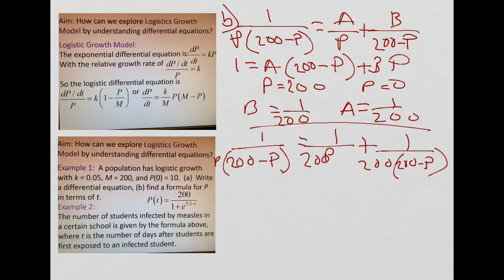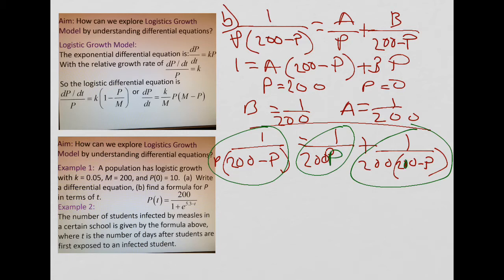Okay, so that got a little sloppy when I was writing it out. Basically it's a decomposition. I broke up this fraction into two others. That's 200p in the denominator, and in the parentheses there is another 200 minus p. That looks a little bit like an 8 in there. It's a 0, and then that's p. So this is what we need to split up our fraction on the left side of our differential equation.